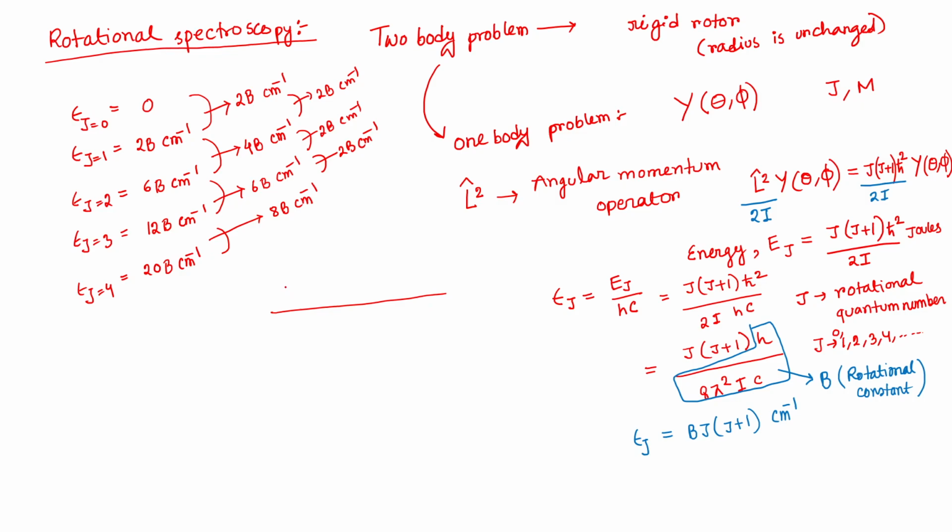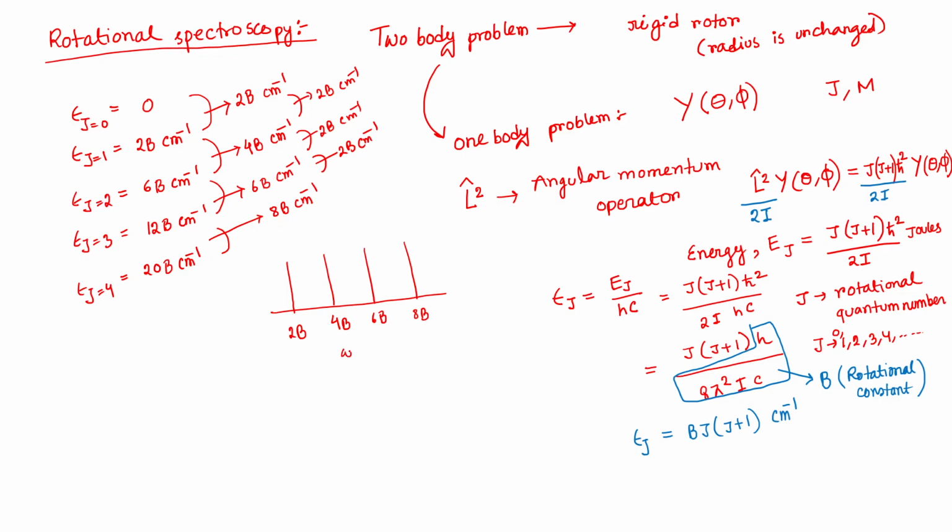Suppose I am not considering the intensity value now. Suppose this is your 2B line. Now the next transition you are going to get at 4B, then 6B, then 8B. So these are the typical transitions.